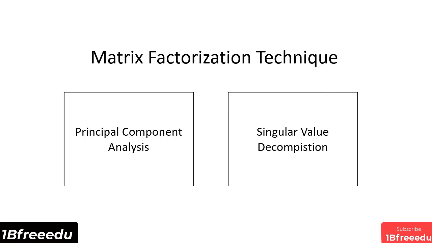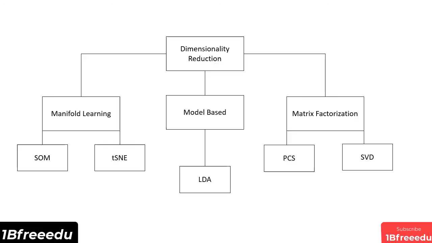Other approaches exist that discover a lower dimensionality representation. For example, we might refer to these as model-based methods, such as linear discriminant analysis, and perhaps autoencoders. Sometimes manifold learning algorithms are also used, such as Kohonen self-organizing maps and t-distributed stochastic neighbor embedding. I've created a graphic on screen to show you an overview of the dimensionality reduction techniques.